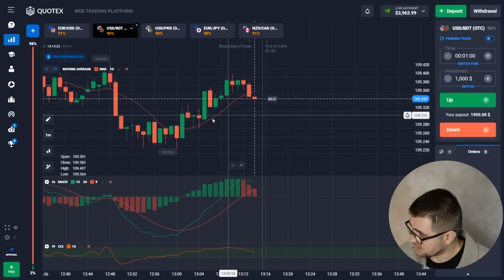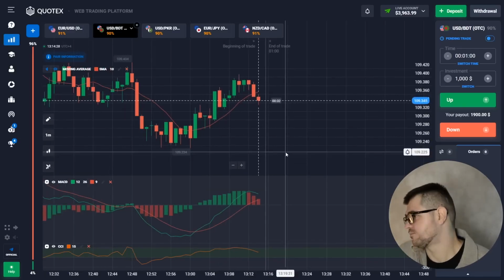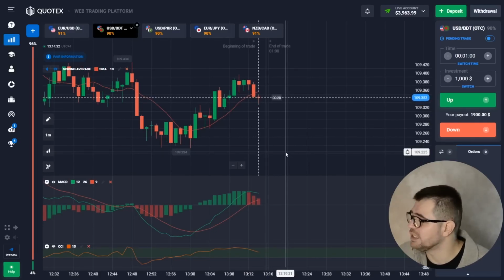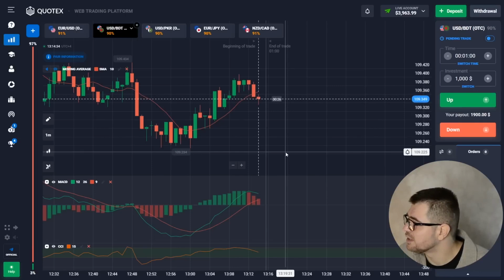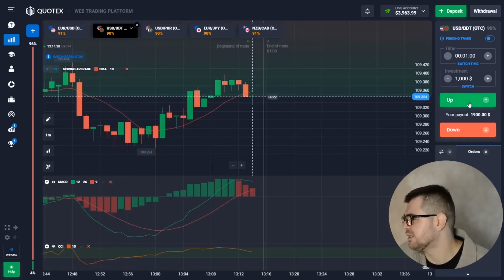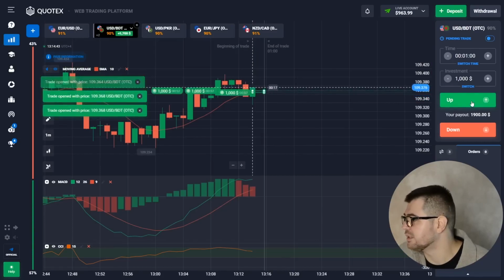Right now, oppositely, we didn't go through the resistance line here, so maybe it's a pullback here. Actually, the support line though.